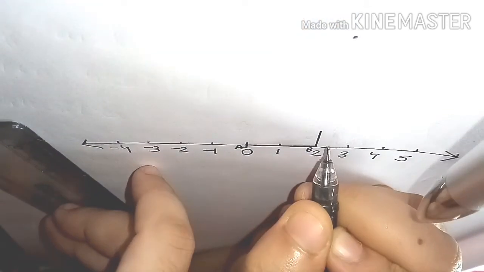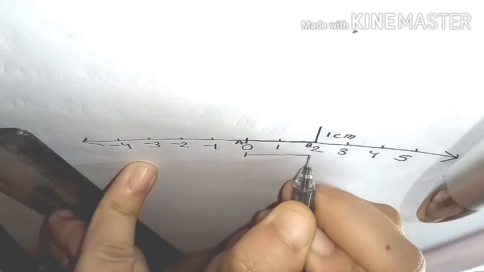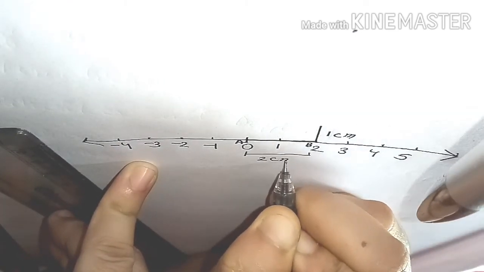So we will join this line and draw 1 centimeter length. So we have drawn the height, which is 1 centimeter, and our base, that is AB, is 2 centimeter.